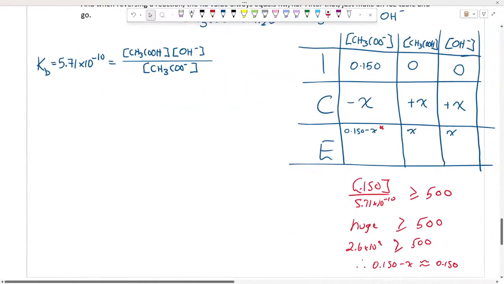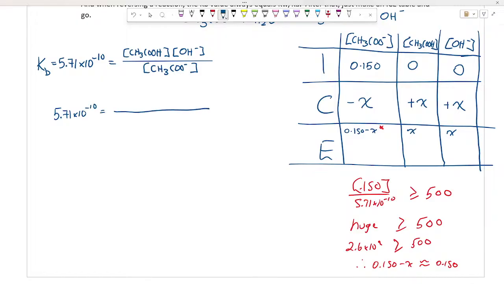Okay, and that means we can do some relatively easy math here instead of having to do an ugly quadratic, which we appreciate. What will the top of this be? x times x, which is of course x squared, and the bottom will be 0.150. So this next one will be 1.5 of that.